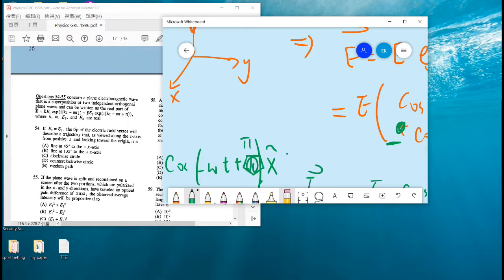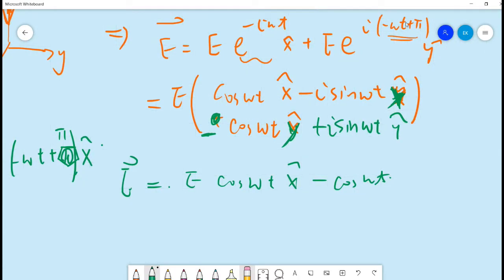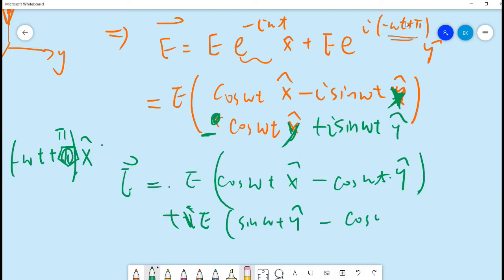And E1 equals E2, right? So yes, this is correct. Oh, this is sine.